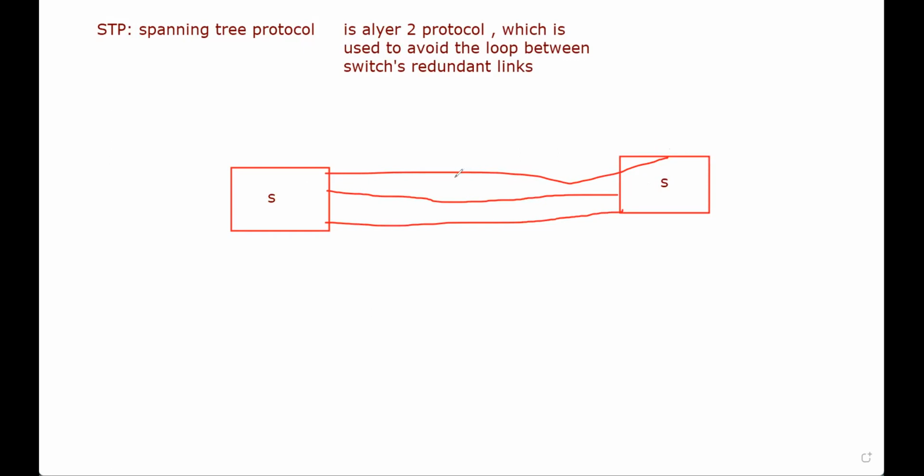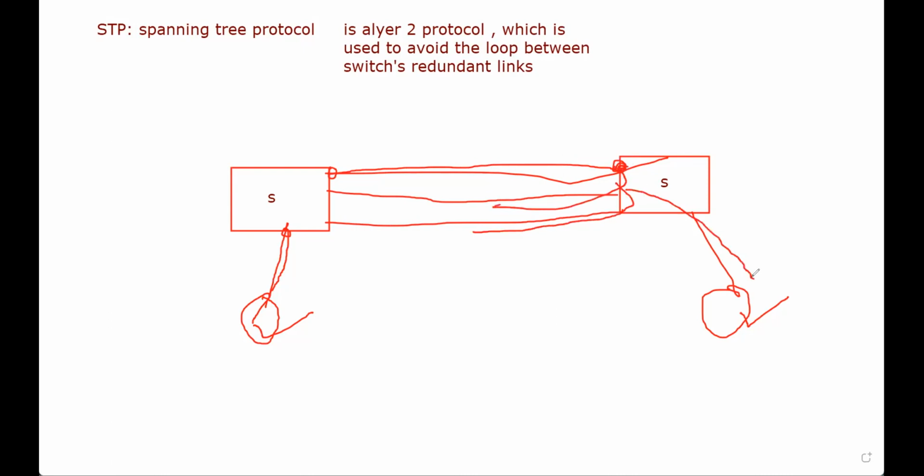So at that time, what may be the problem? The problem may be, if this is the person, this person wants to send information to this one, and it sends packets to my switch. The switch sends the packet to another switch. Then this switch can broadcast the packet, so it can send through these ports and also send to this.